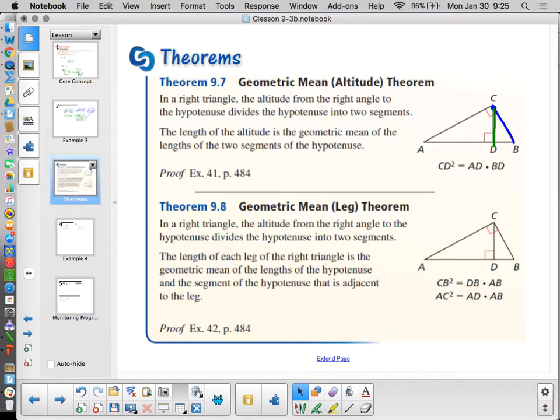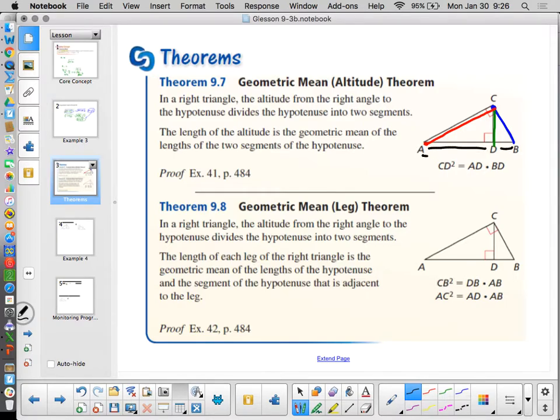It wouldn't be a very round wheel. The length of any one of those segments can be found by finding the geometric mean of segments along the hypotenuse. And there are three segments along the hypotenuse. They are AD, DB, and the whole thing, AB.